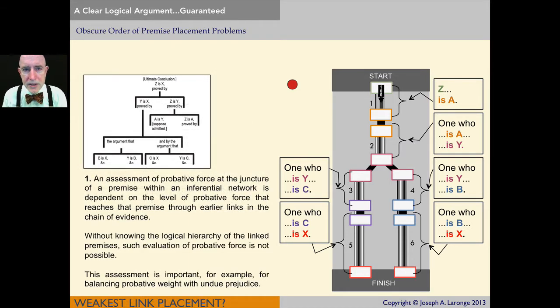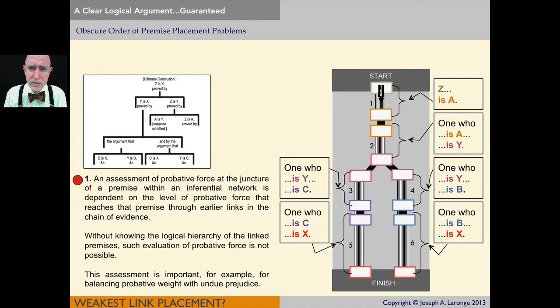Well, so why does that premise order matter? Well, there's at least 4 reasons why it's important. The first one is that, if you're using an argument map, you're wanting to understand and evaluate the strength of the argument. And so you want to be able to follow, they say follow the money if you want to understand certain things.